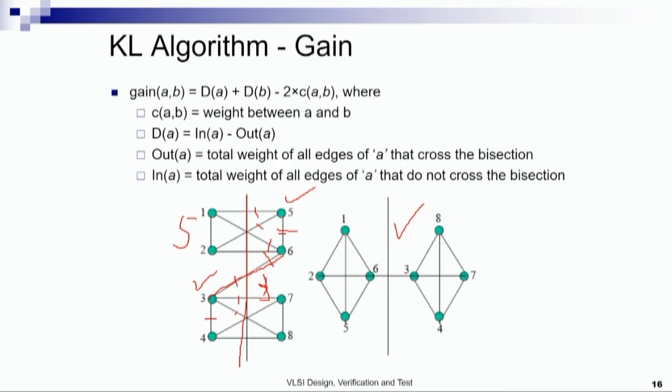When I took it to this side, in the dA value we considered that 3 has become an in edge, but because 3 has gone on the other side, 3 is still an outedge. For 3 also, 6 was an outedge, and after the exchange, instead of becoming an in edge, 6 still remains an outedge because 6 has crossed over to the other side. And therefore, we need to subtract the cost of c_ab twice to get the actual gain.